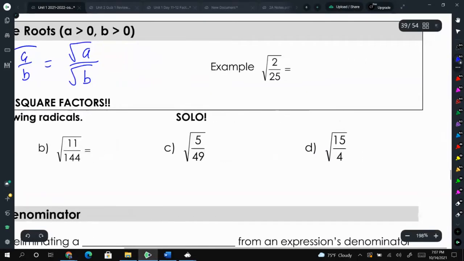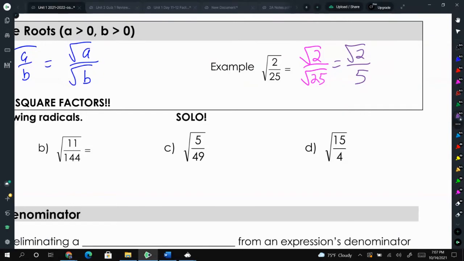So in this example right here, we can write this as the square root of 2 over the square root of 25, which is equal to the square root of 2 over 5, because the square root of 25 is 5. So we have gotten rid of the square root in the denominator. So now this is simplified. This is proper math because we do not have the square root in that denominator.